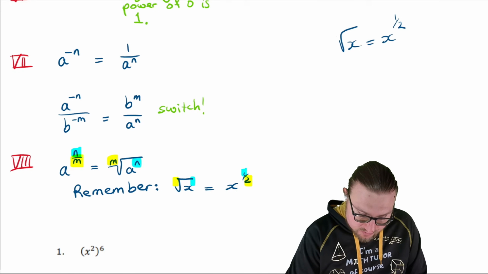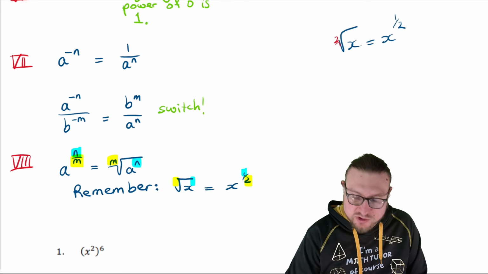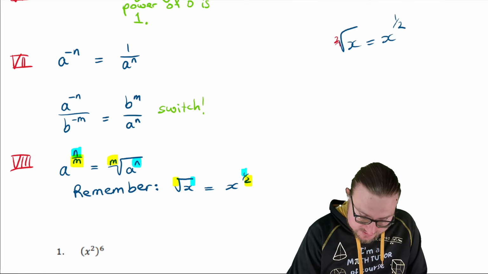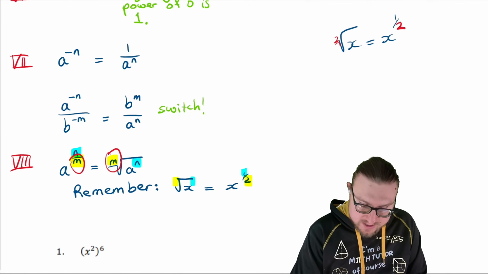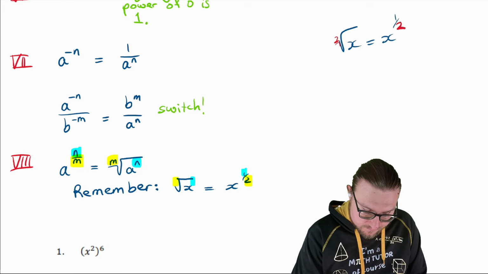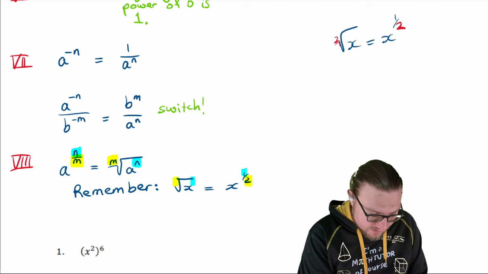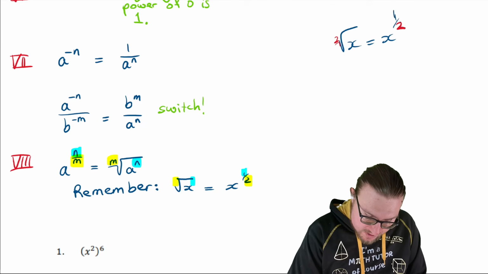We know that a square root would have a 2 there. Well, we see a 2 over here. So those go together. That's the m and the m here. And on the other hand, we have a 1 here.